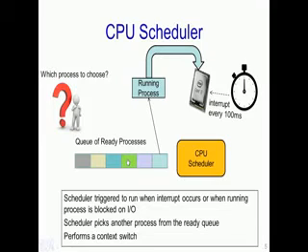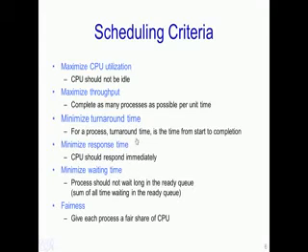In order to compare these various scheduling algorithms, operating systems textbooks and research define several scheduling criteria. These criteria can be used to compare various scheduling algorithms to see the advantages and disadvantages of each of them. So, let us go through each of these scheduling criteria one by one.